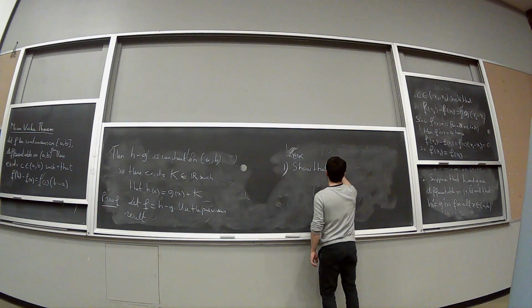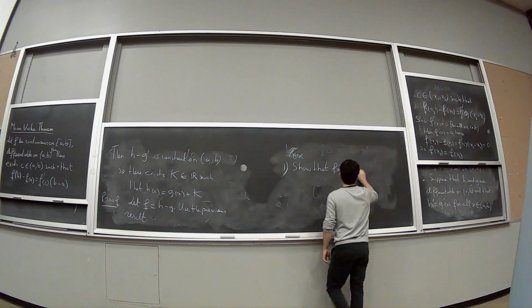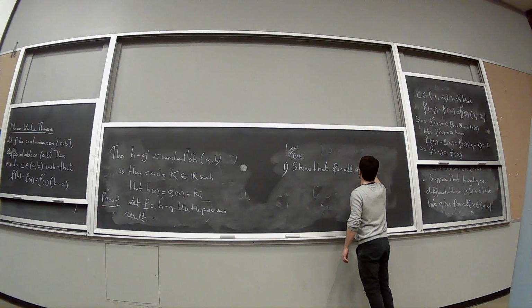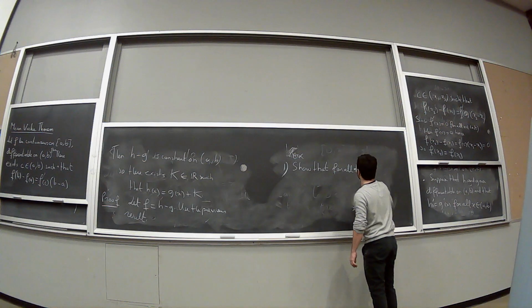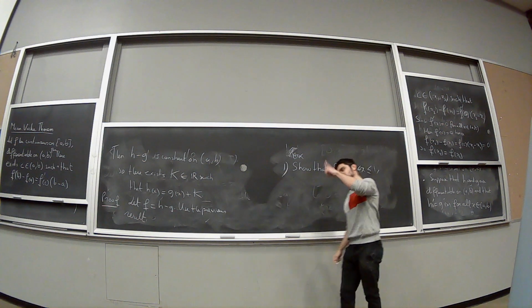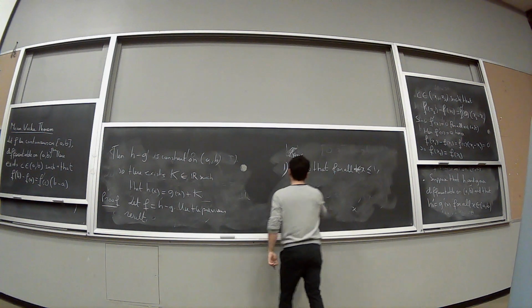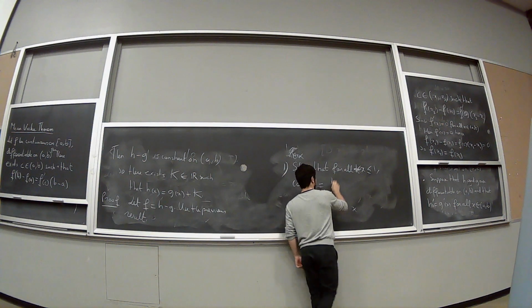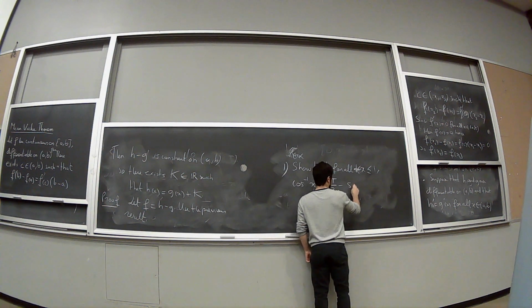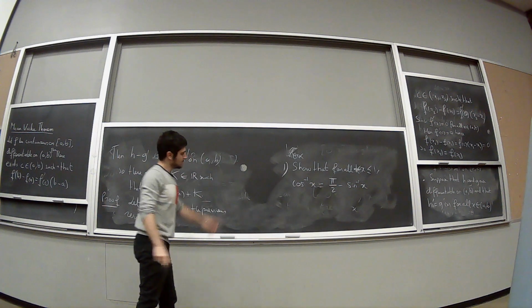Let's see that for all x in [-1, 1], cos inverse of x is equal to pi over 2 minus sine inverse of x.